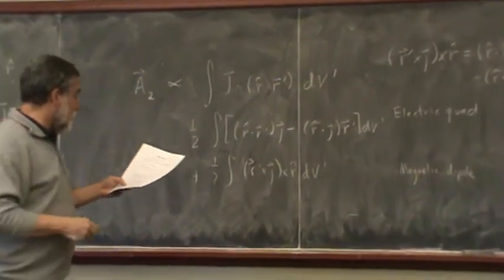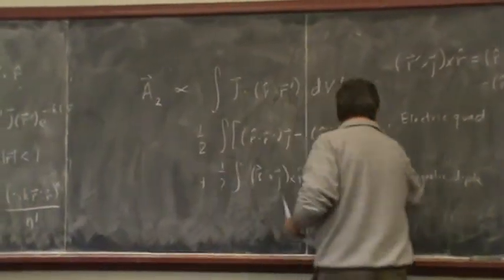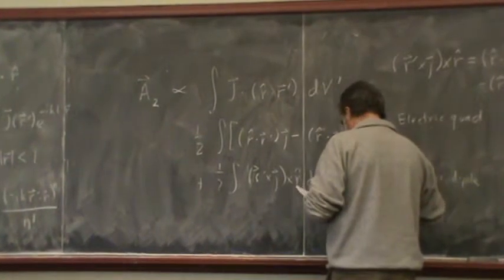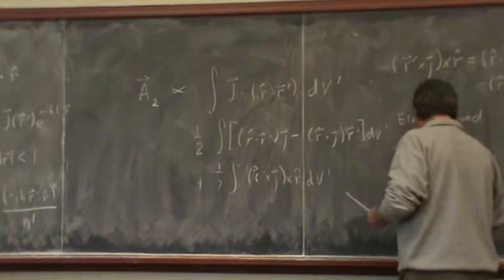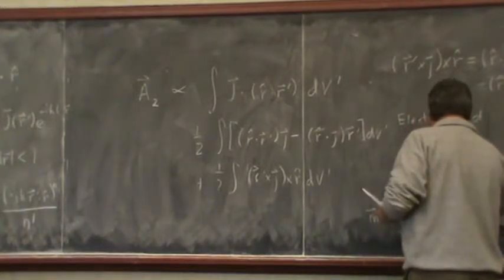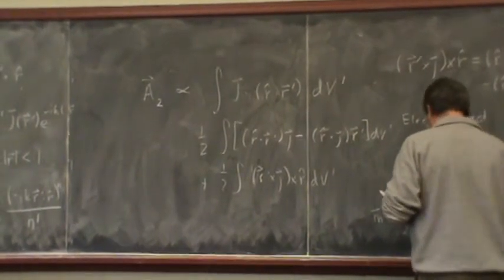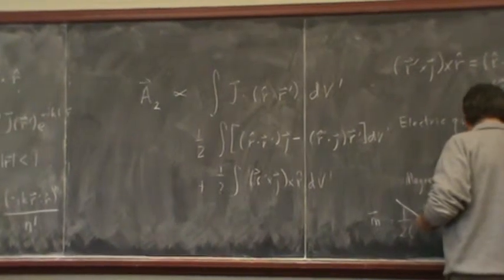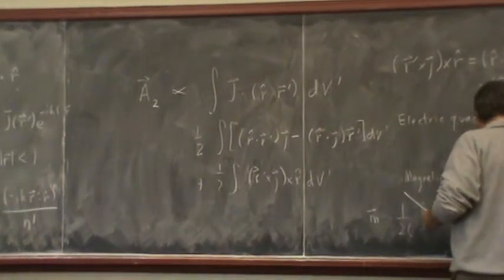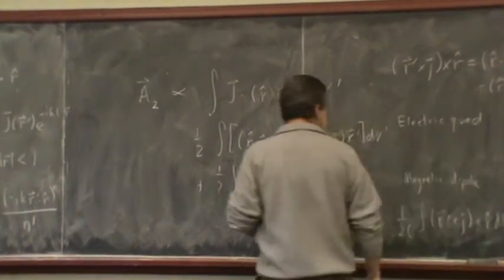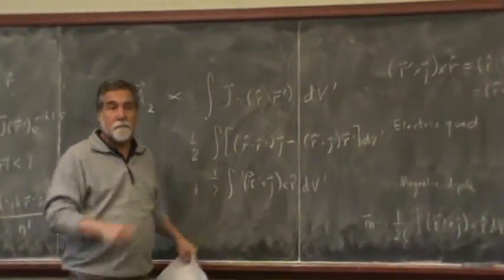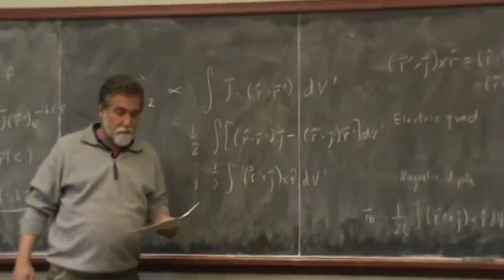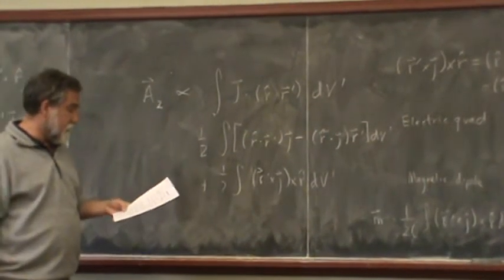The magnetic dipole moment is actually defined like this, just to remind you. M is 1/2c integral, it's that, which is the same as that, aside from a factor of c. Okay?